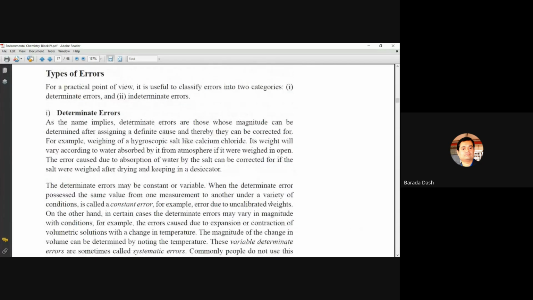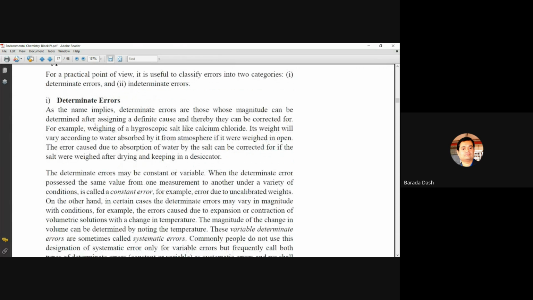From the practical point of view, it is useful to classify error into two categories: determinate error and indeterminate error. What is determinate error? As the name implies, determinate errors are those whose magnitude can be determined after assigning a definite cause, and thereby they can be corrected.